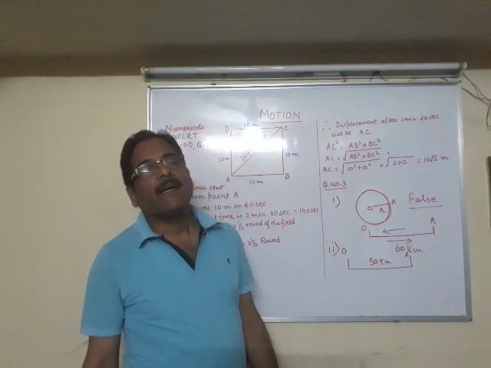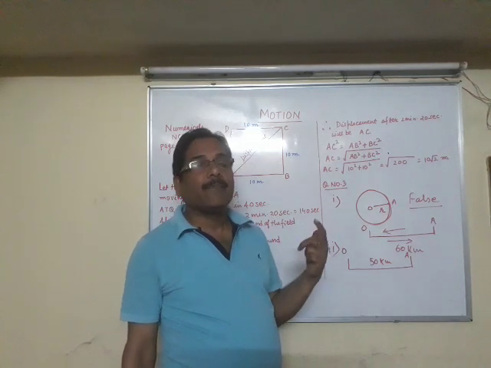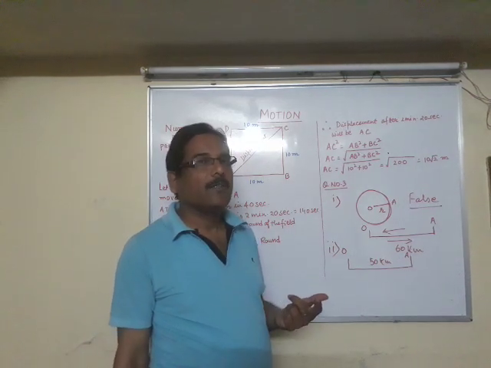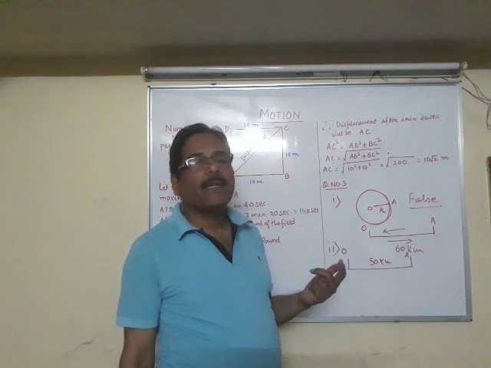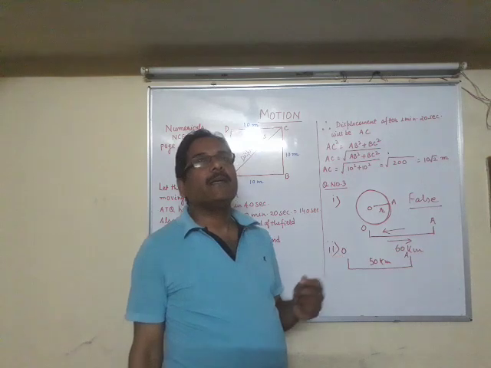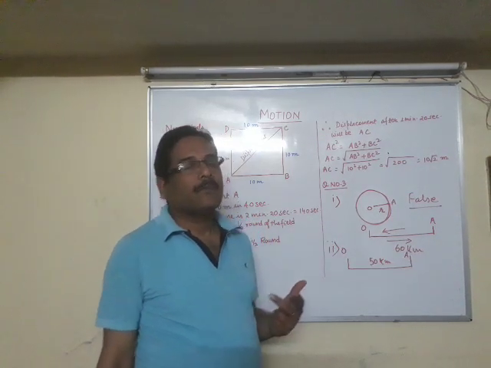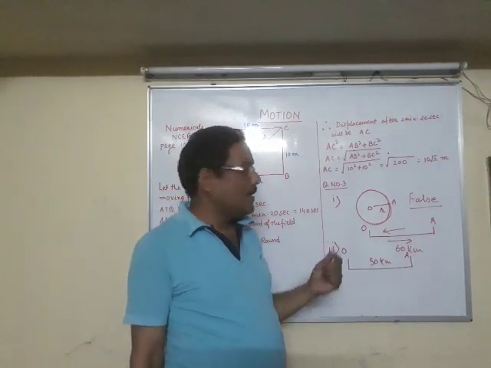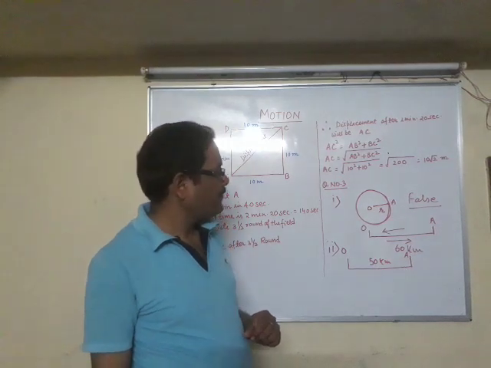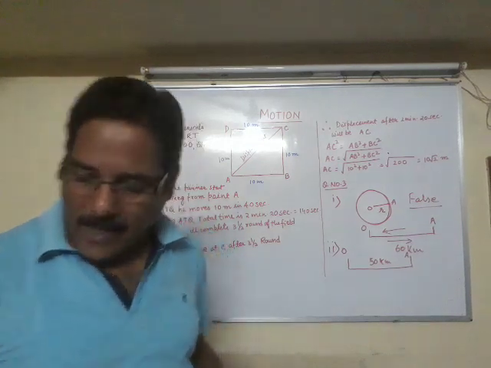So distance and displacement may be equal, but displacement is never greater than distance, isn't it? You can think of many examples. You will find that displacement is always less than, or sometimes equal to, the distance, but it is never greater than the distance traveled by the object.